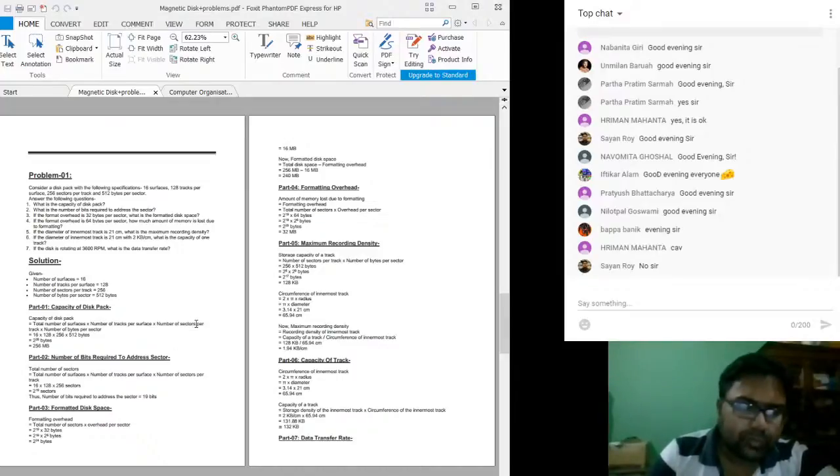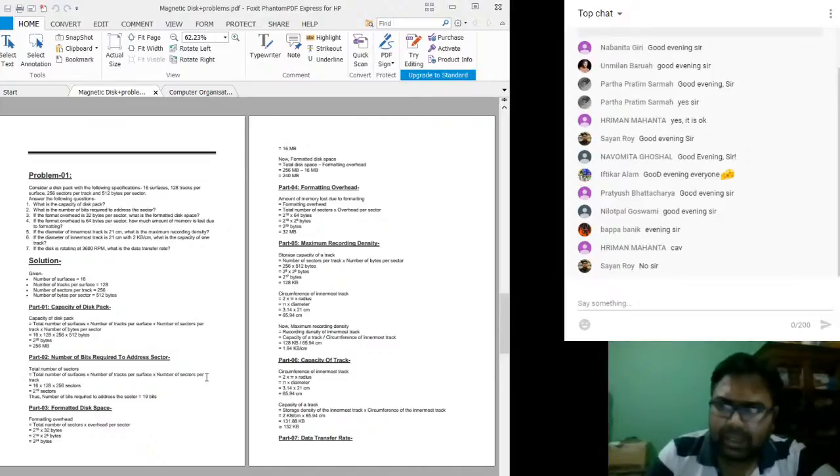Okay, so next comes number of bits required to address a sector. To find this, you need to find out the total number of sectors. How can you find it? Total number of surfaces multiplied by number of tracks per surface multiplied by number of sectors per track.